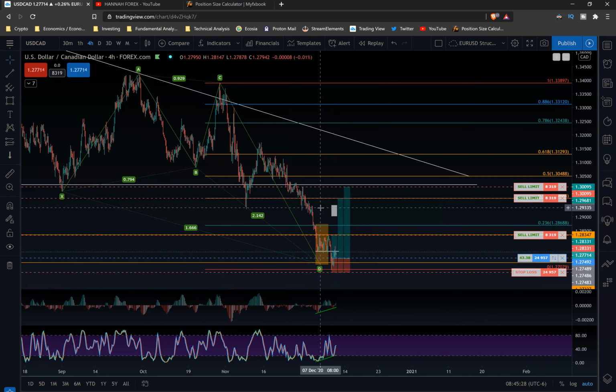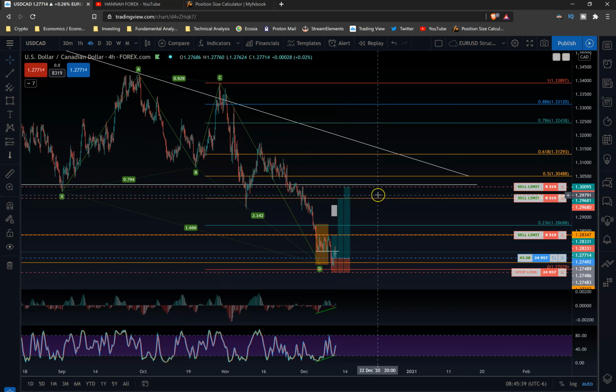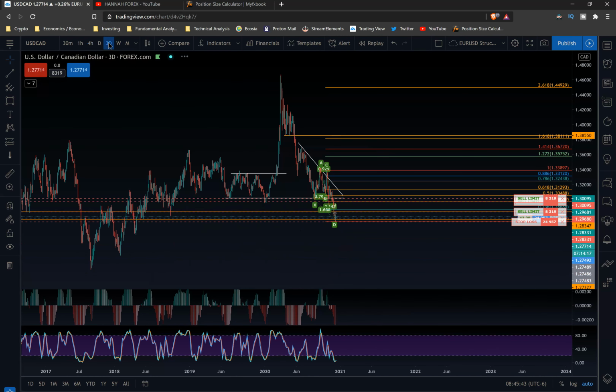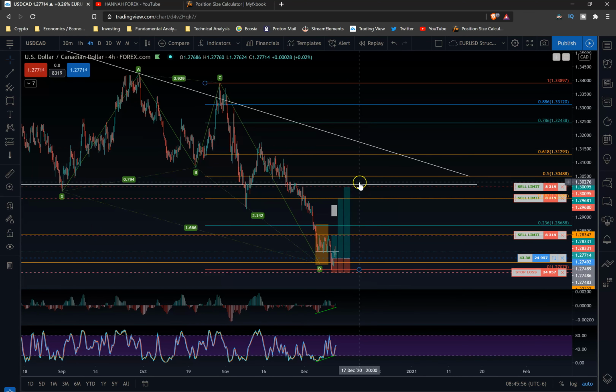My second scale out is at a Fibonacci level, this is the 386 right here. And my last scale out, let's go to a higher time frame, is right before this structure. It's like a descending triangle. So I put my last scale out right before the bottom of that structure.